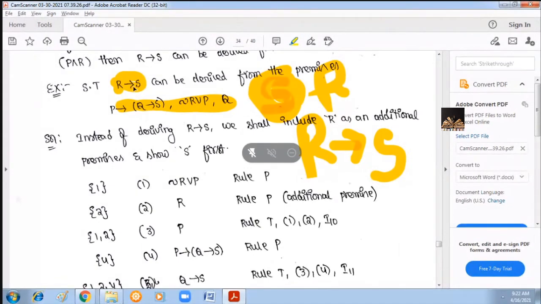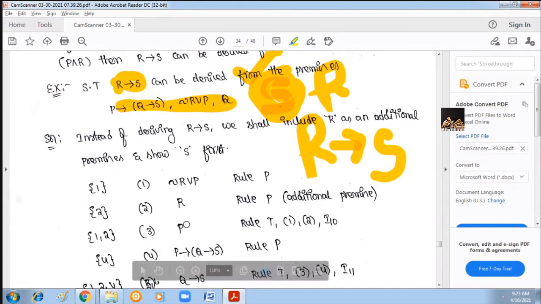So to prove that, what you have to do? First, you need to prove that S is derived from the set of premises and R. So you should take one new additional premise as R. Consider R as a new premise.